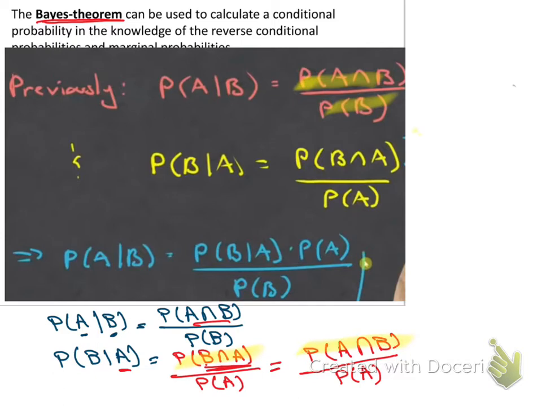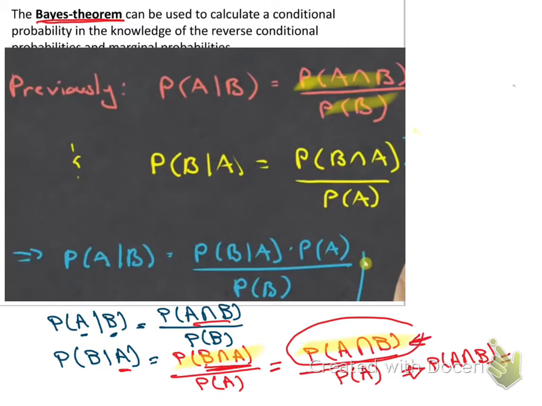So I can do a substitution of this probability of A intersect B from this formula.